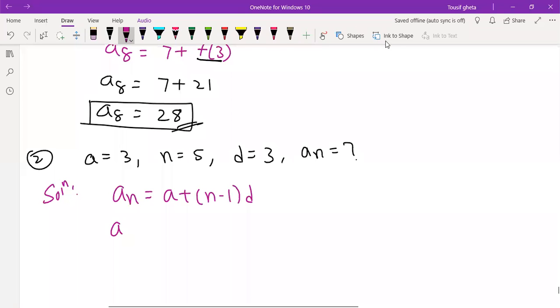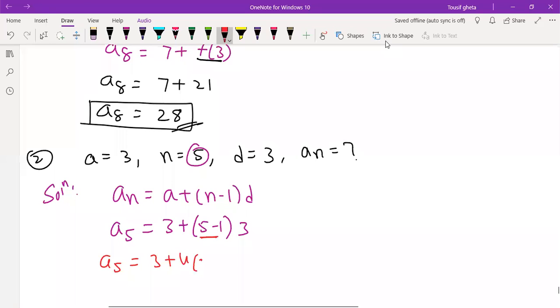a5, as n is equal to 5 they gave, so a5. a is 3, plus n is 5 minus 1. So d is 3. So a5 is equal to 3 plus 5 minus 1, we will get 4.